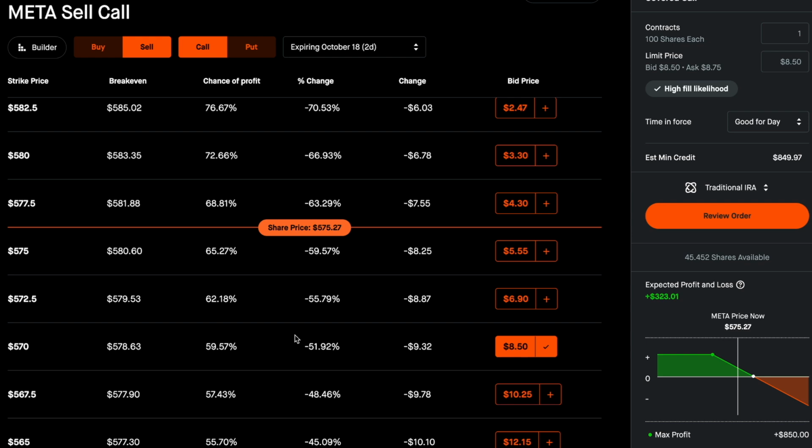Because when you sold this contract, the price was $575.27. And the way I look at it is, when I'm selling this contract, I'm selling my shares. I want to sell my shares and I'm selling them at the break-even price.